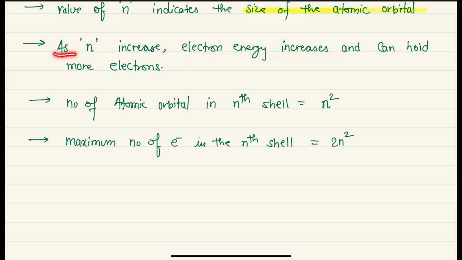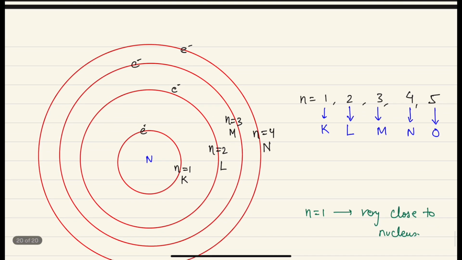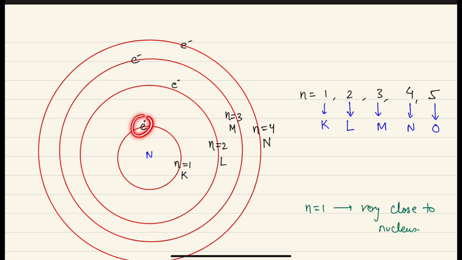Very important. As the value of n increases, electron energy will also increase and the cell can hold more electrons. So this electron has more energy than this electron. Clear? So if you go far away from the nucleus, to a higher cell number, the electron energy will increase.